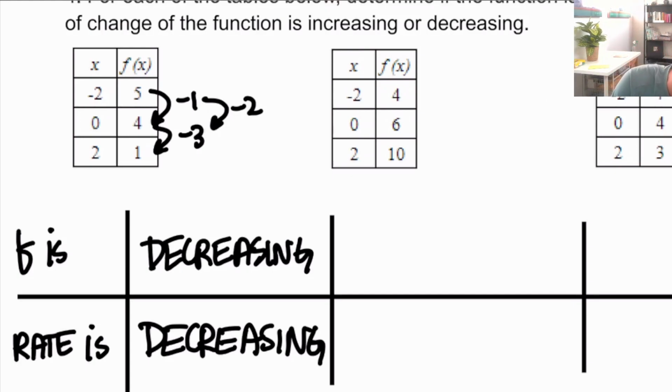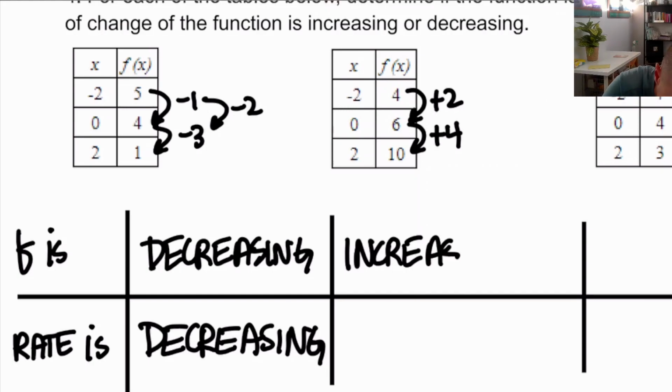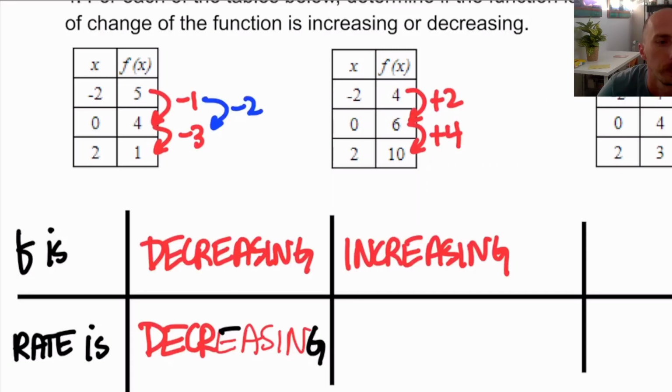Okay. Over here, f increases from 4 to 6, that's adding 2, and 6 to 10, that's adding 4. Okay, so I see a positive rate of change, so f is increasing. Then I look at the second order differences, and I'm realizing I probably should have used some color here, so I'm going to do that real quick.